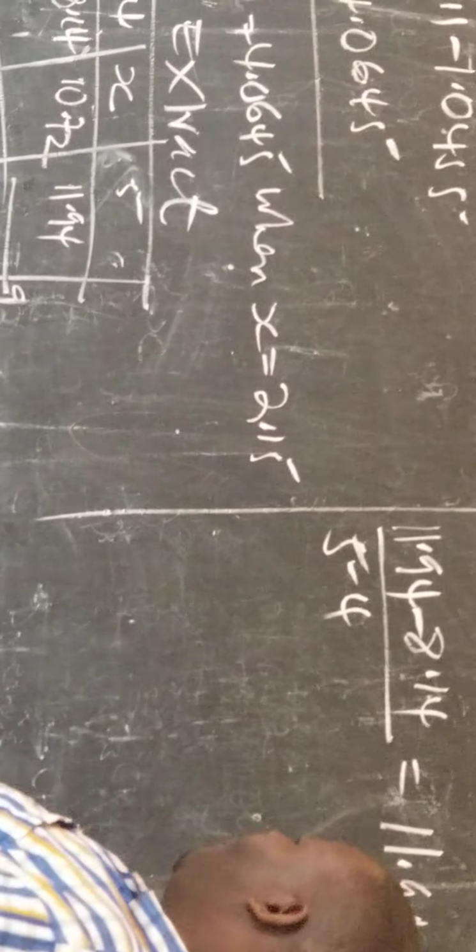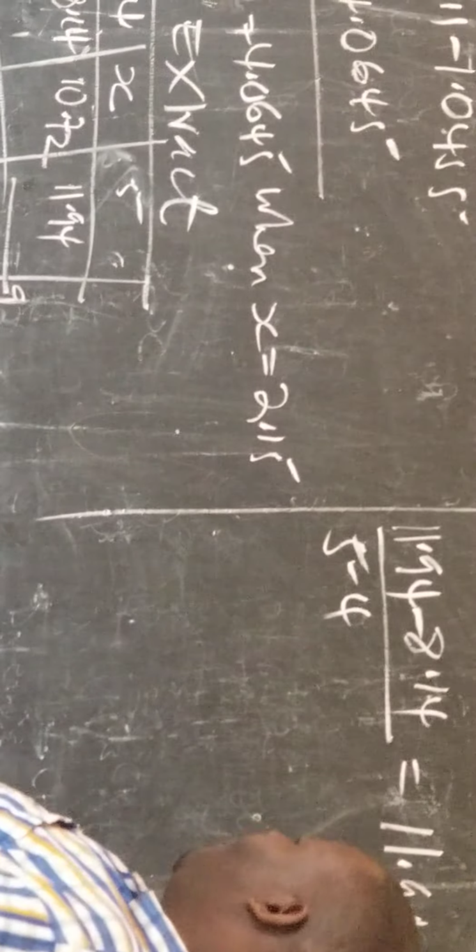You can clearly see that 4.6789 lies between 4 and 5 when f of x is 10.72. So that is the method of interpolating, or getting the value which lies within a given set of values.